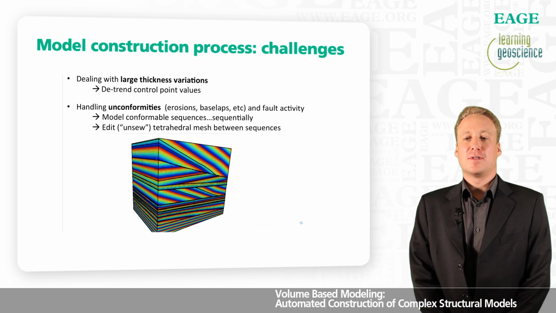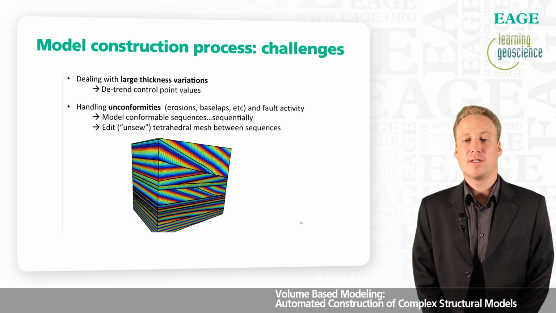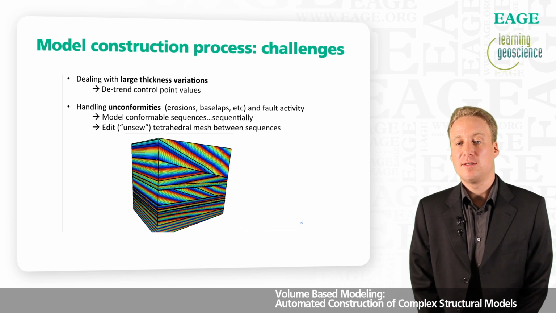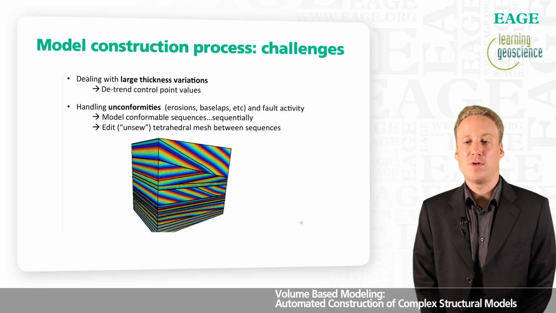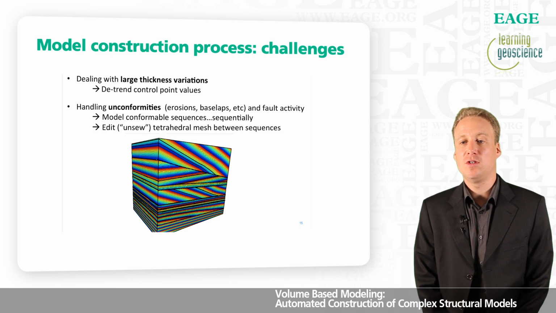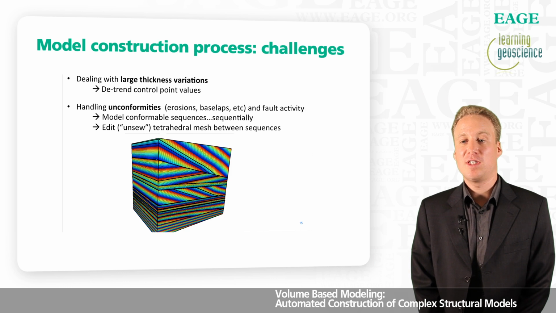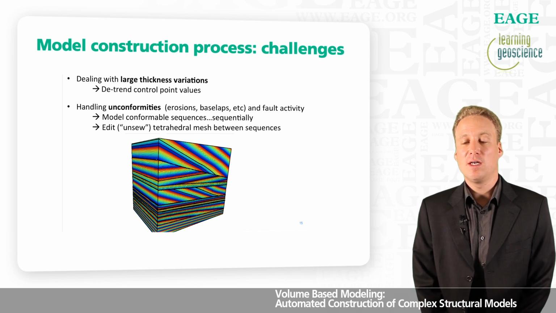Also, the construction process and algorithm is conceptually simple. There are a series of challenges that need to be addressed for this technique to work properly in any kind of geological environment. The first type of challenge is the handling of large depth and thickness variations.